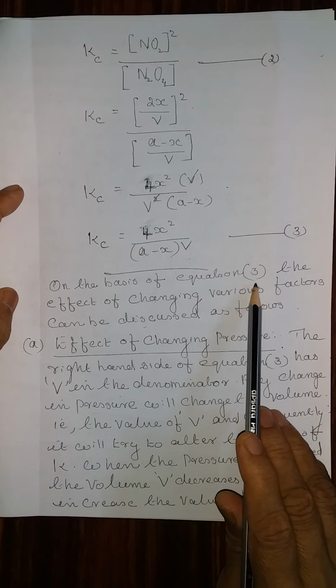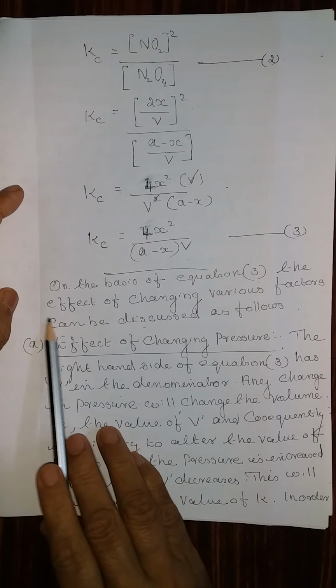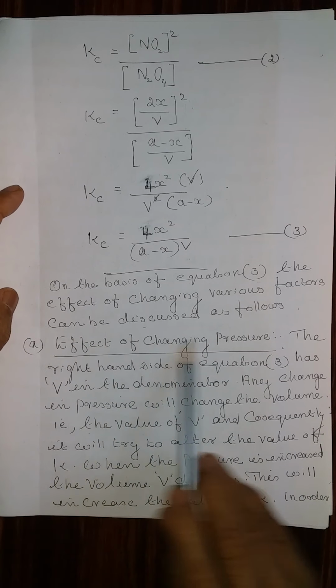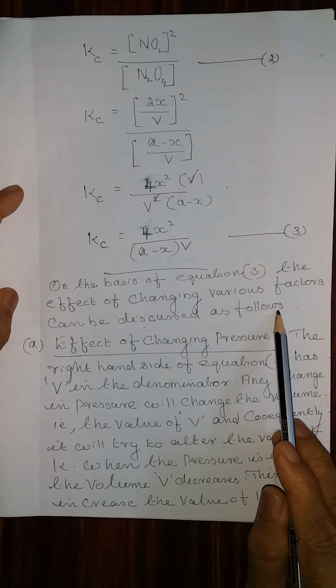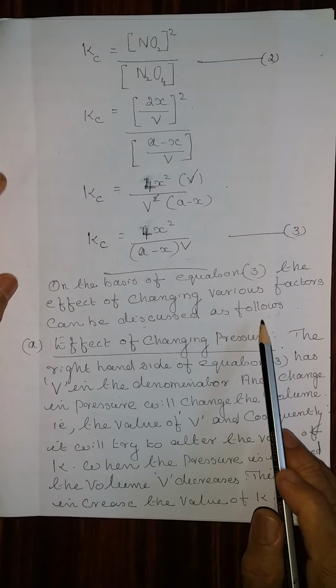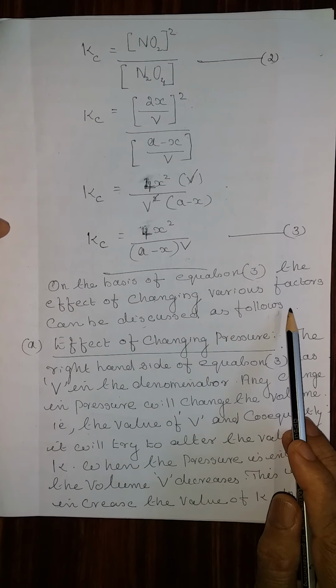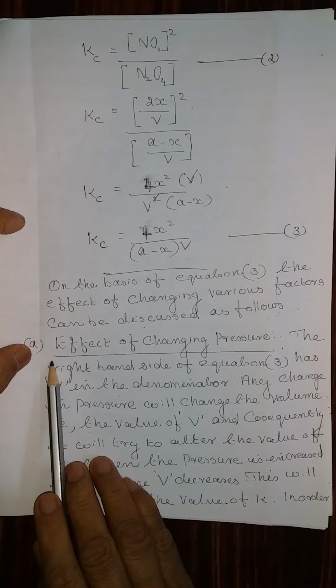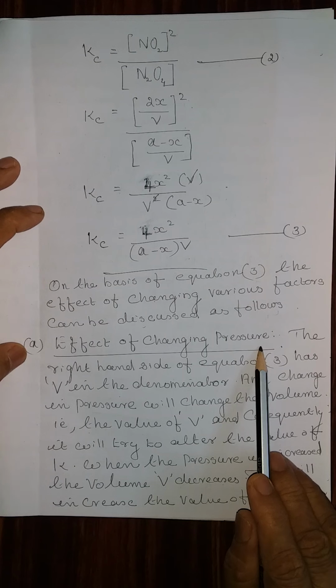On the basis of equation 3, we can discuss the effect of changing various factors like temperature and pressure, so that we know how to get the maximum yield of NO2. First, effect of changing pressure.